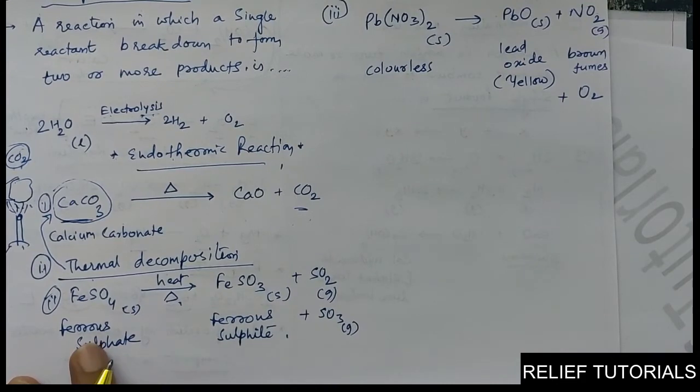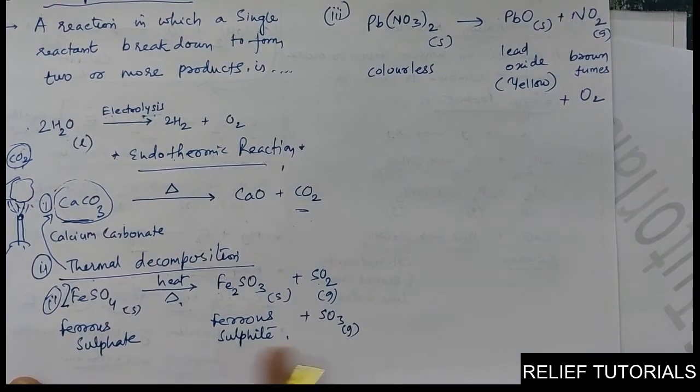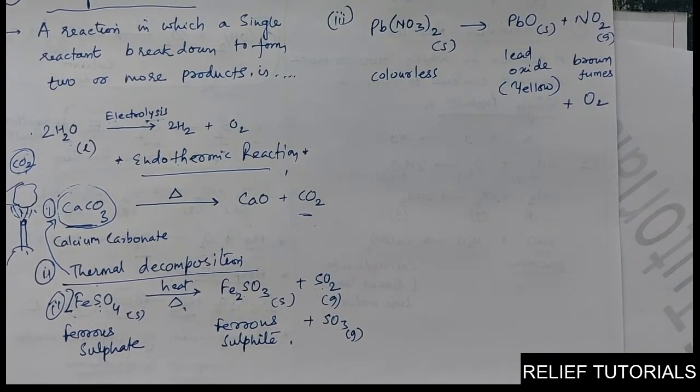In the equation FeSO4 giving Fe2O3, SO2 and SO3, it is again not balanced because there are 2 Fe, so here you have to write 2 and now it is balanced. 2 sulfurs, 3 plus 2, 5 oxygens, 5 plus 3, 8 oxygens are here, so 4 times 2 is 8 oxygens. We are not focusing on the balancing right now.